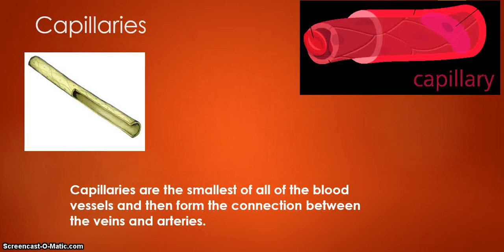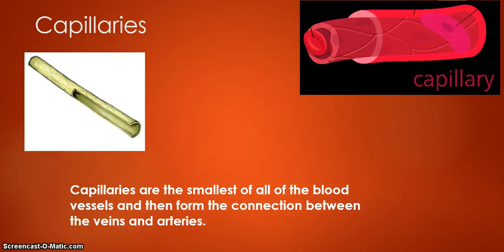Capillaries. As arteries branch and divide into arterioles and continue to reduce in size as they reach the muscle, they become capillaries. However, unlike veins and arteries, their main function is not transporting blood.